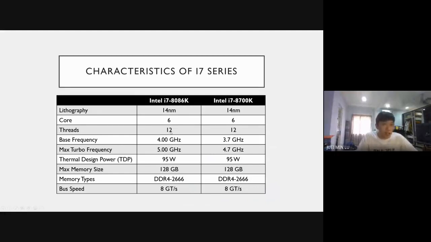The base frequency for the i7-8086K is 4 GHz, which is higher than the 3.7 GHz of the i7-8700K. The maximum turbo frequency for the i7-8086K can even go up to 5 GHz, while the i7-8700K is slightly lower at 4.7 GHz.